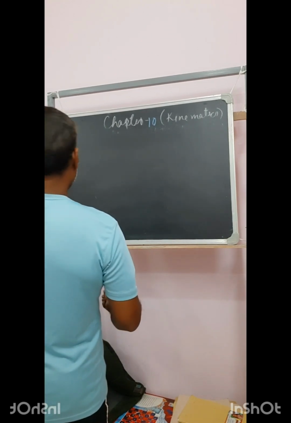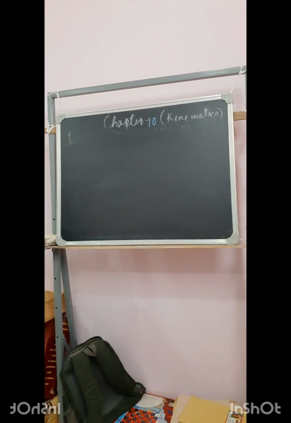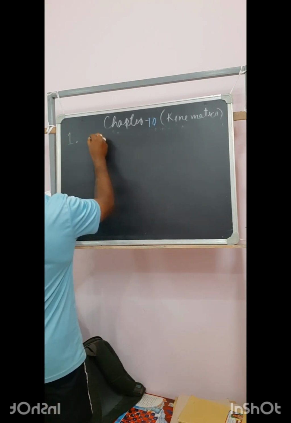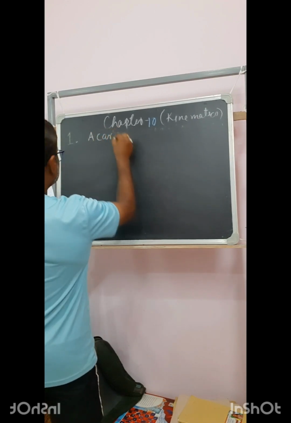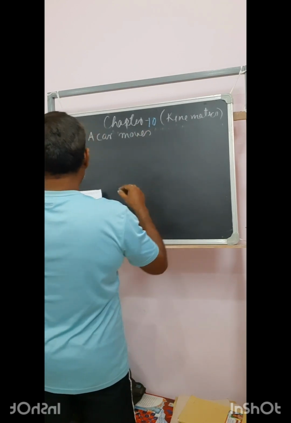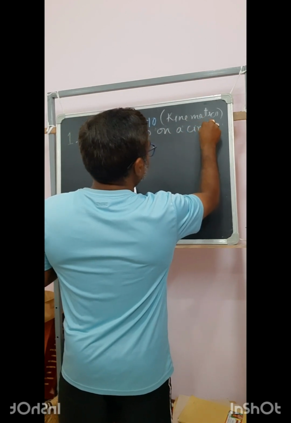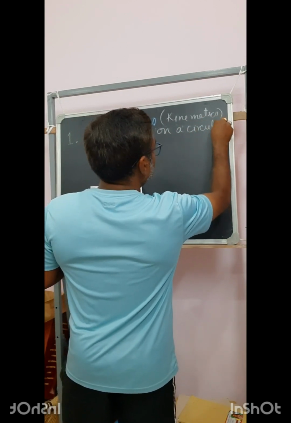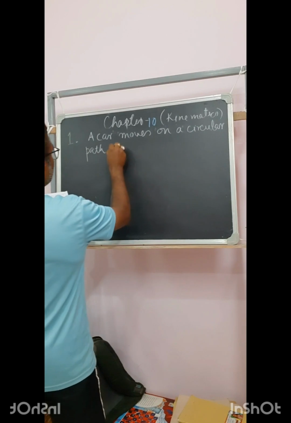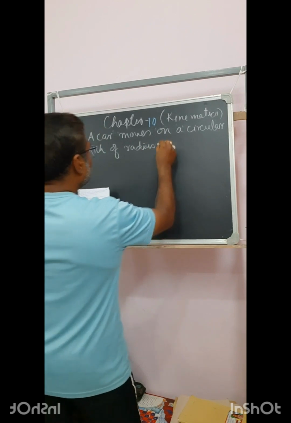Okay, so let me start with some problem so that I can continue in the next class also. So the first problem is saying a car moves on a circular path of radius r.